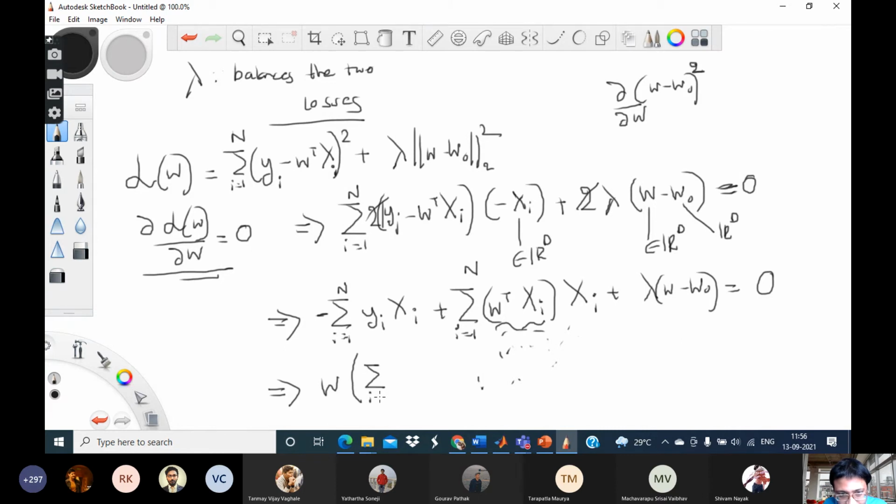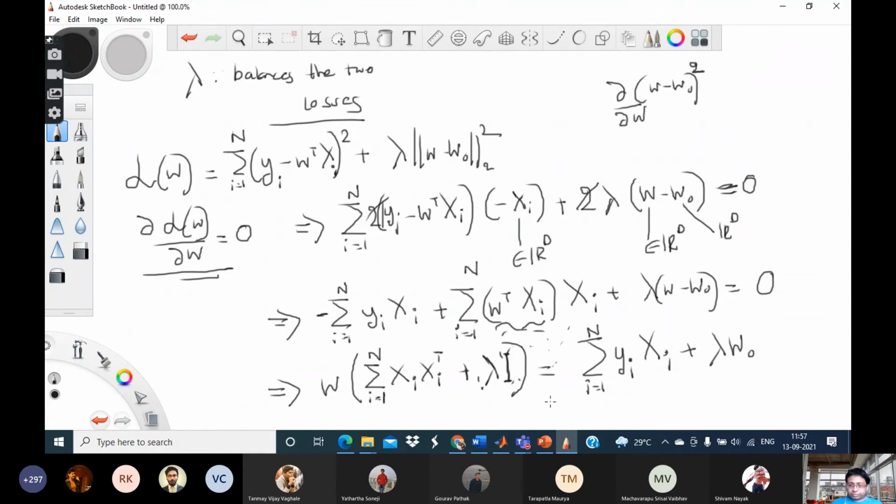Inside the bracket I have this thing, summation i equal to 1 through n, which I have rearranged as xi xi transpose, plus lambda times I, is equal to, everything else having been moved to the right hand side, summation i equal to 1 through n of yi xi, plus lambda times w naught, right?